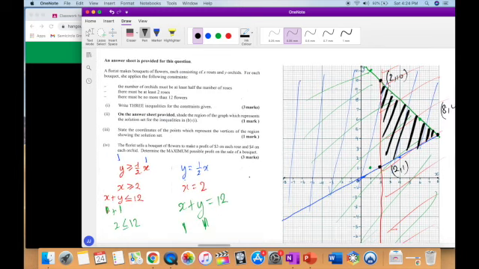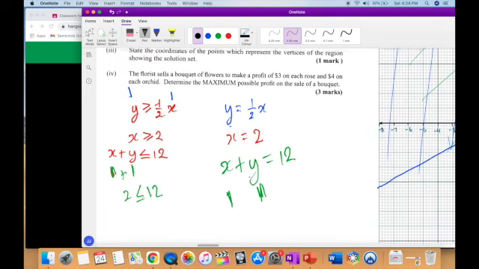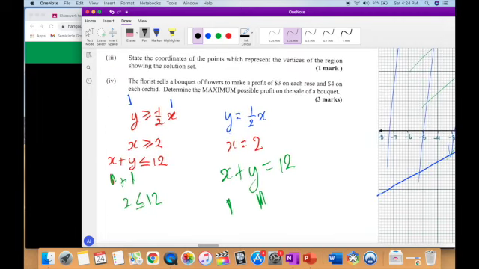And the florist sells a bouquet of flowers to make a profit of $3 on each rose and $4 on each orchid. Determine the maximum possible profit on the sale of a bouquet.